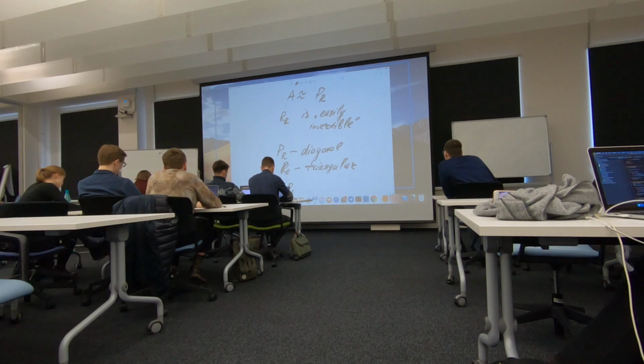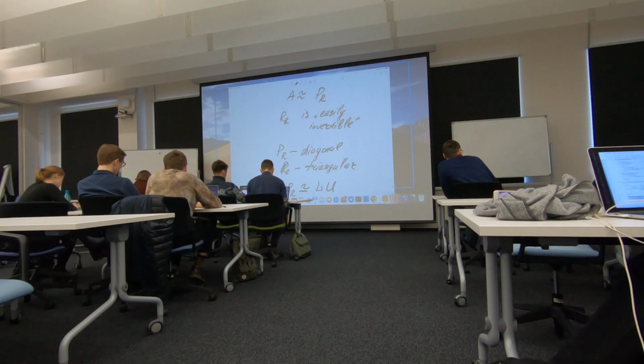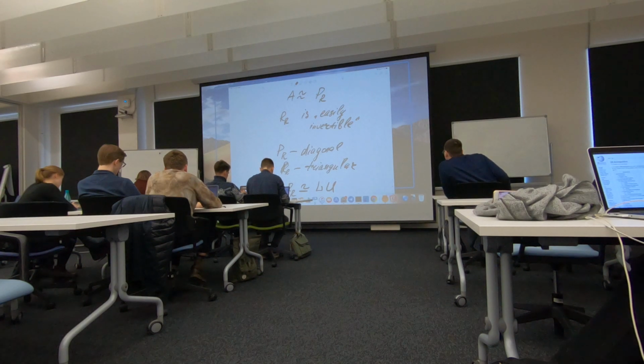P_R can be approximately factored, for example. If we run LU elimination on a sparse matrix, there are non-zeros coming out, we just put them to zeros. This doesn't give you an exact representation of the matrix, but it gives you an approximation. And then you can reuse this for preconditioning. There are many such ideas.